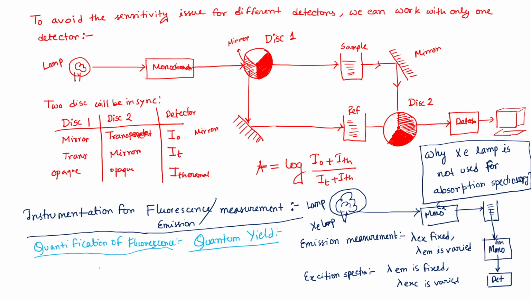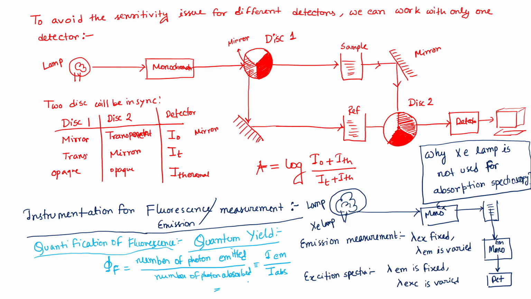Generally, the quantum yield is given by phi, small phi f, or you can write it capital. It is actually the number of photons emitted divided by the number of photons absorbed, which is nothing but your emission intensity I divided by the intensity of absorbed light.